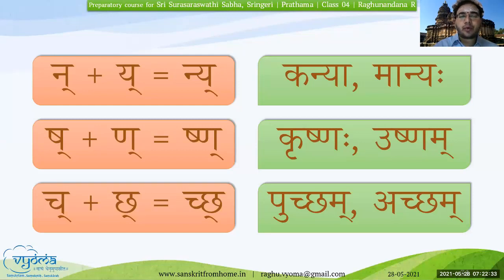Now I ask you to go through this slide, see all these combinations. There are three combinations given: N, Y, Sh, N, Ch and Ch. Identify what are the common elements among these while writing it in the script form. Take a few seconds to see this, and also remember how these words are pronounced. I will explain a bit more in the upcoming slides.